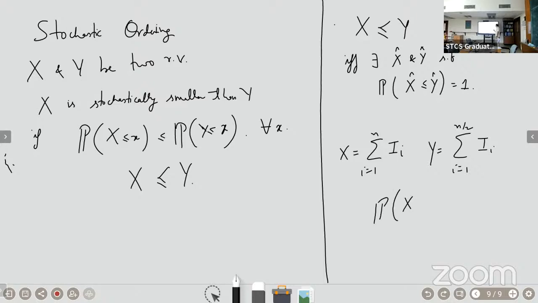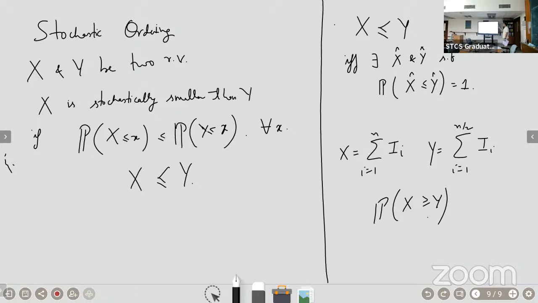The reverse direction is the change. What is this probability? Why is it not one? It could be that X is zero, and Y could be positive. So that's the trick in how we define X hat and Y hat.